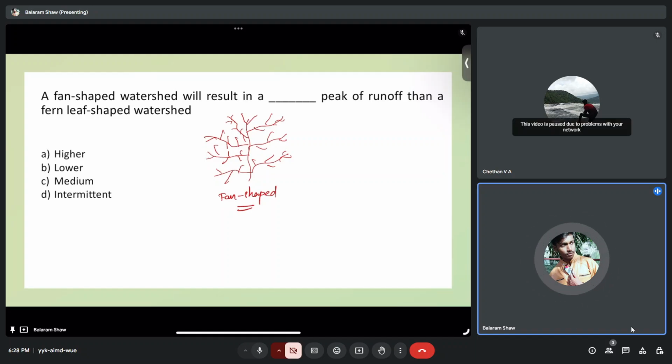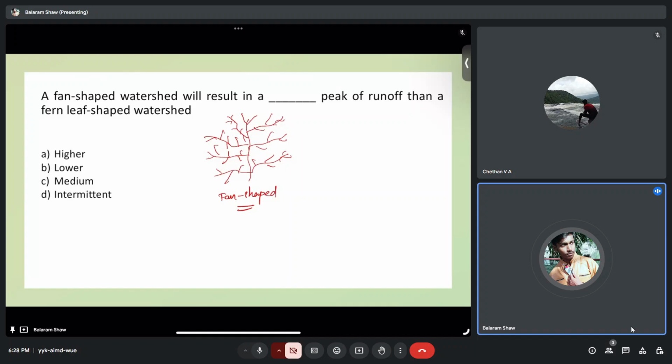So in the fern leaf shaped watershed, we know that the water will flow very fast as runoff, because it is an elongated one.